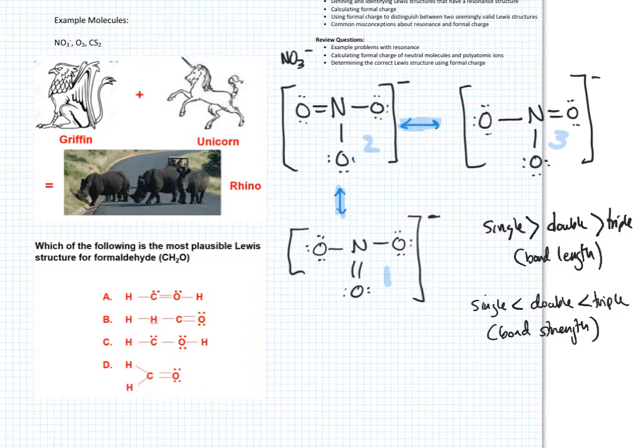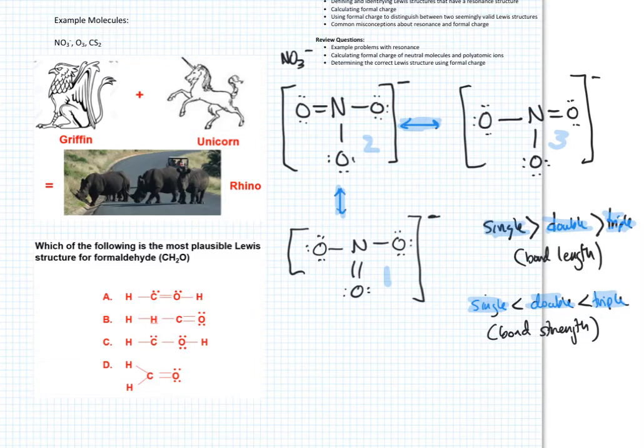Again, next video, we can talk more about this. There's a table with all kinds of numbers related to this, but take my word for it. If we were to measure the length of the bond, single bond is the longest of the bonds, longer than a double, longer than a triple. And the strength, how strong the bond is, single is weaker than a double, which is weaker than a triple bond. Triple bonds are quite a bit stronger than a single bond.